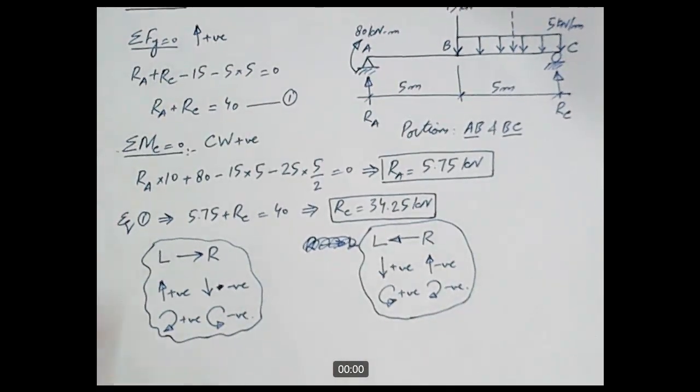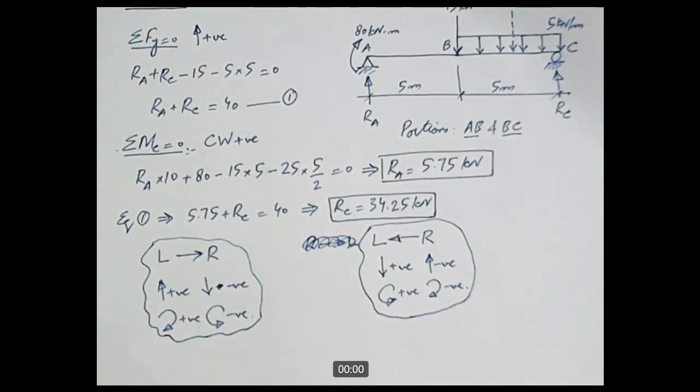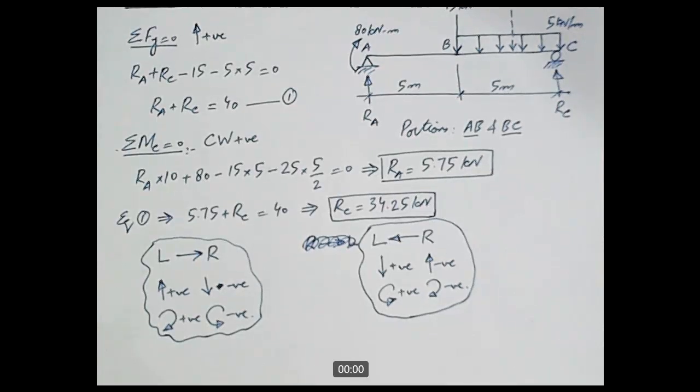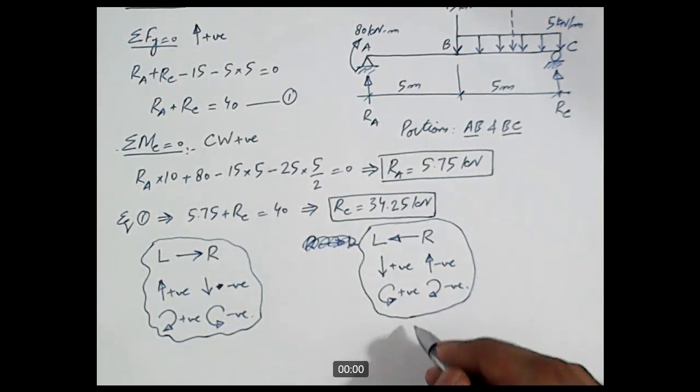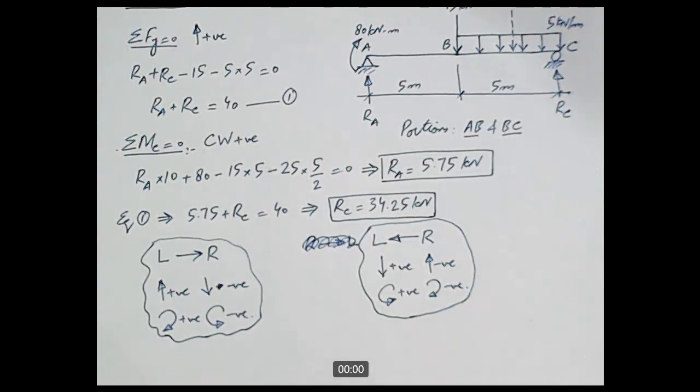And this shift of convention is required if we want to get exactly the same shear force diagram and bending moment diagram. If we do not make this change, then our shear force and bending moment diagrams will be inverted. We will not get exactly the same shear force and bending moment diagram as that of this case. So if we want to get exactly the same diagram, which we want here, then we need to follow this sign convention.